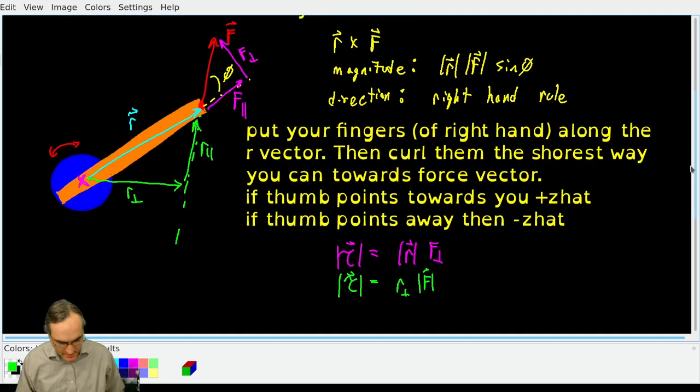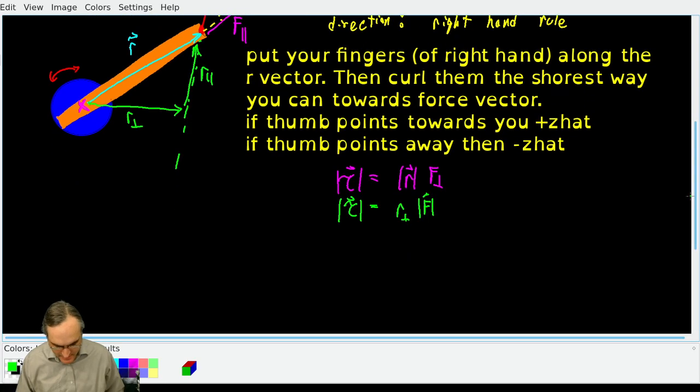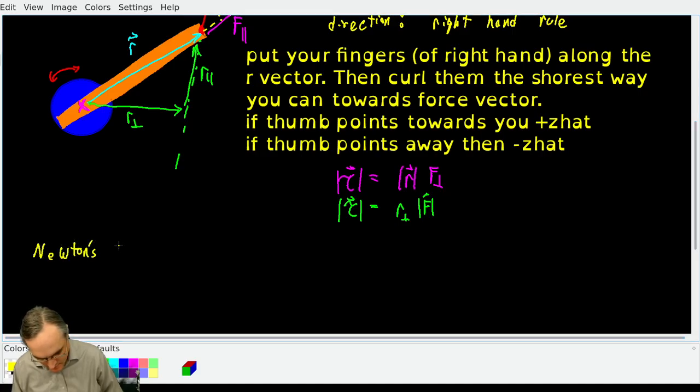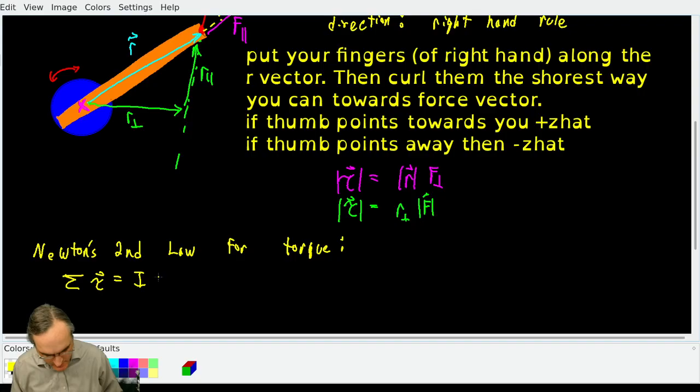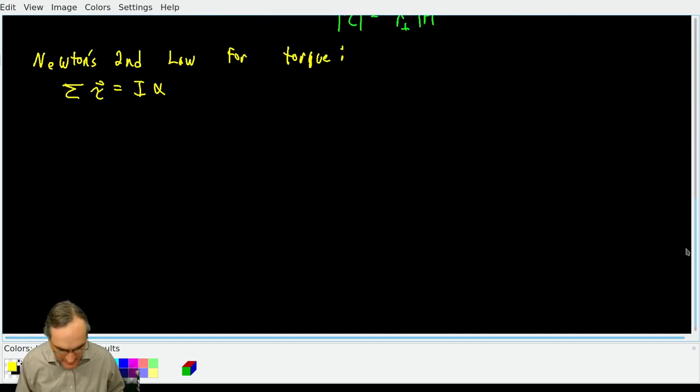Okay, some other things we need to talk about related to this. There is a Newton's second law for torques. Newton's second law for torque says that the sum of all the torques acting on the object will be equal to I, its moment of inertia, times alpha, its angular acceleration.